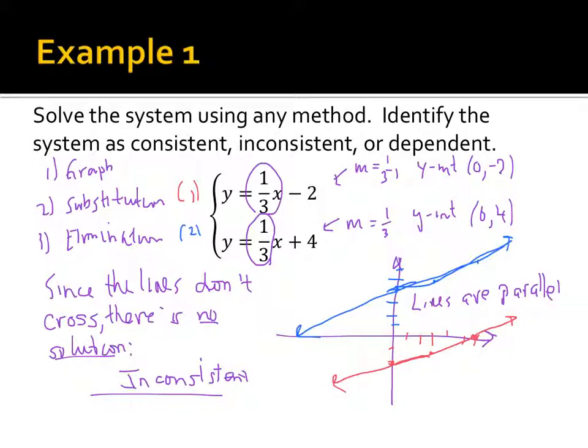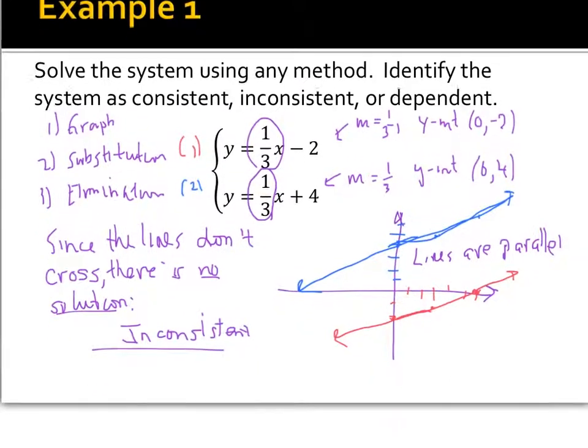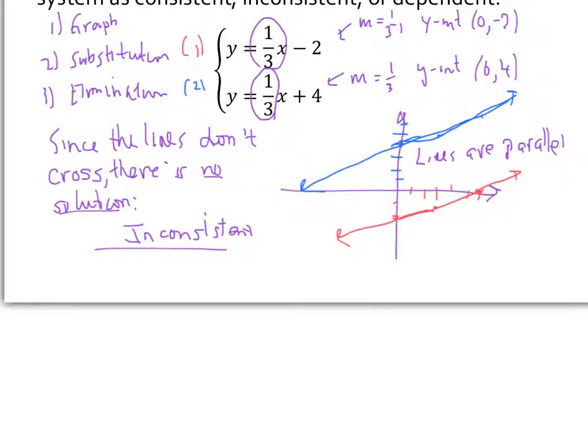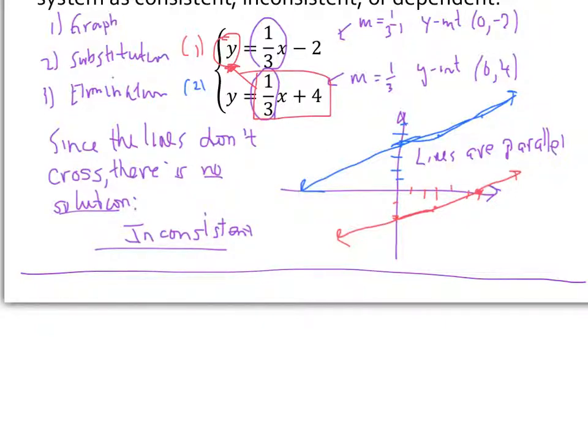Really quick, in case you were wondering how I would solve this any other way, let me show you. Let me use substitution, just so you can see something algebraically in case this happens to you on your homework. I can replace this y with this expression right here. What I would get on the left is 1/3 x plus 4 is equal to 1/3 x minus 2.